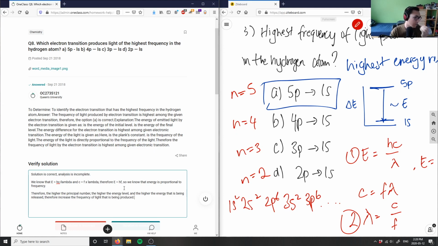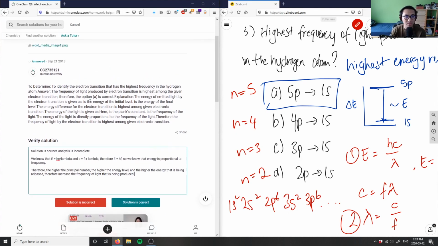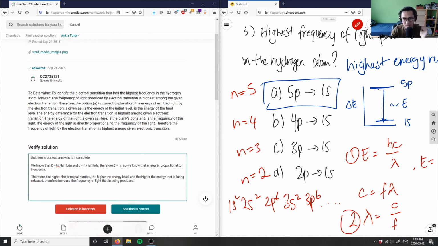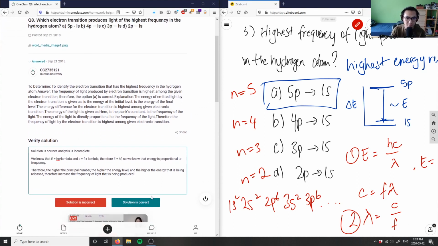This would be the correct analysis for this problem. So I'm going to say the solution here is correct, but they just had a very poor analysis because I think their question was probably cut off by something here. So the solution here is correct.